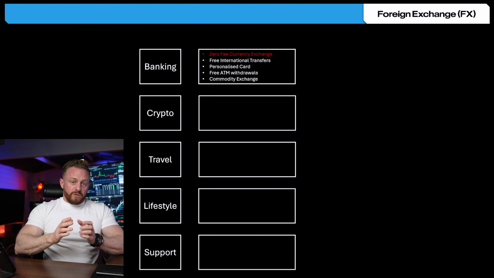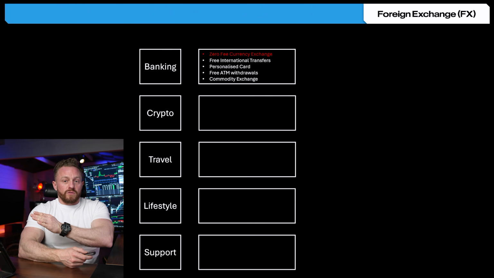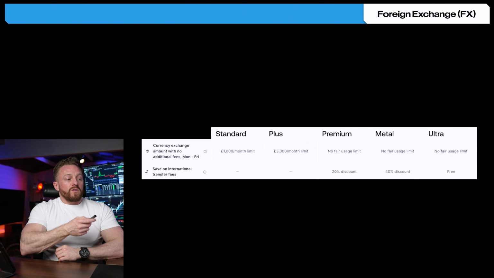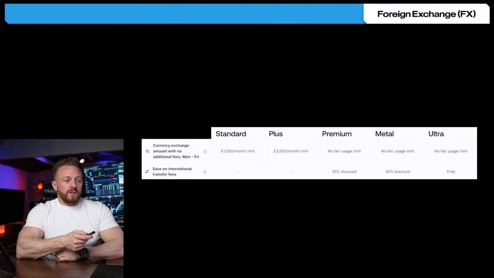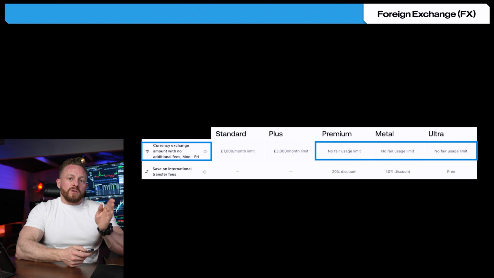But the reason this is important for crypto users is because obviously you're going to be converting large sums from your local currency into dollars before then converting it into crypto. But this is where you need to be careful, because in the small print you will see there are limits on the FX conversions, and it's only when you get to the premium tier and above on the Revolut plans where there are no limits on those FX trades.